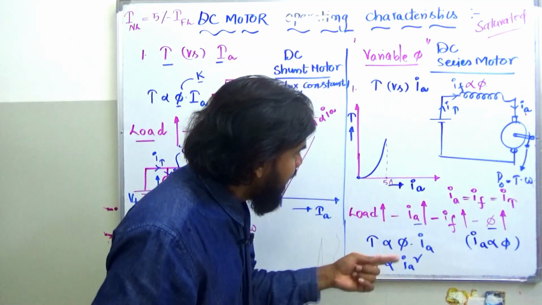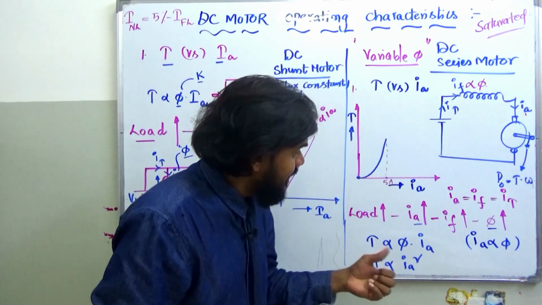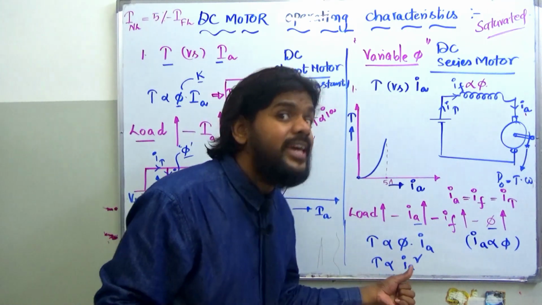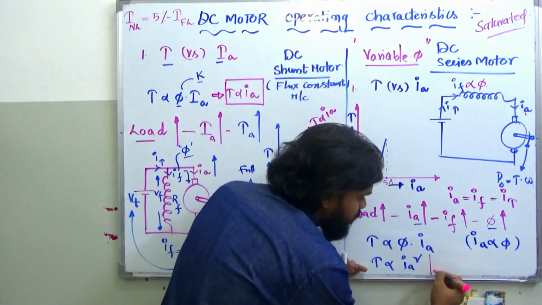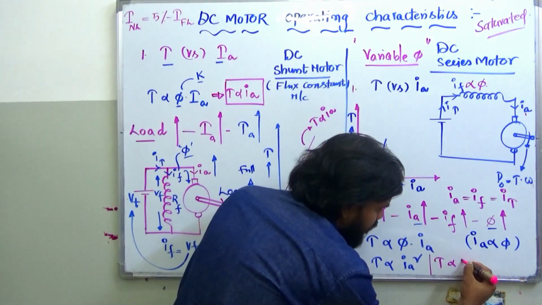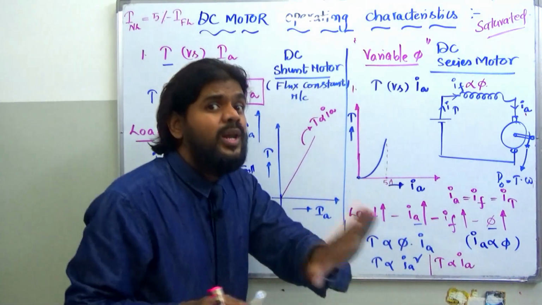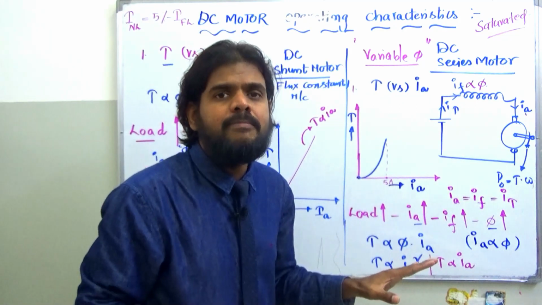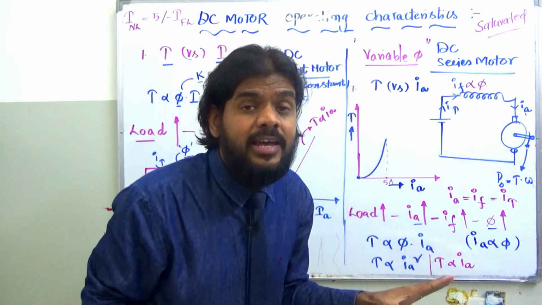Until one particular value of the armature current, torque is proportional to Ia square. After that, torque is proportional to only Ia, because flux will no more increase. The flux will no more have any changes after 5 amperes.